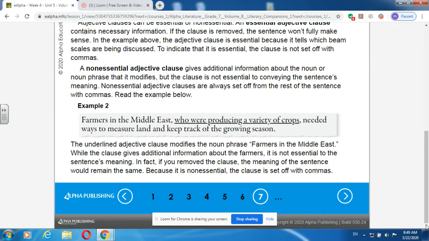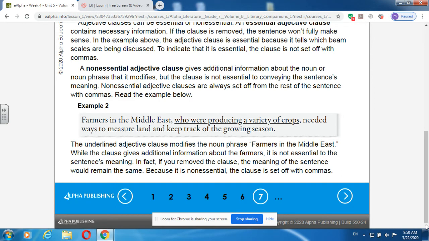It is not essential to the sentence meaning. In fact, if you remove the clause, the meaning of the sentence would remain the same. Because it is not essential, the clause is set off with commas.